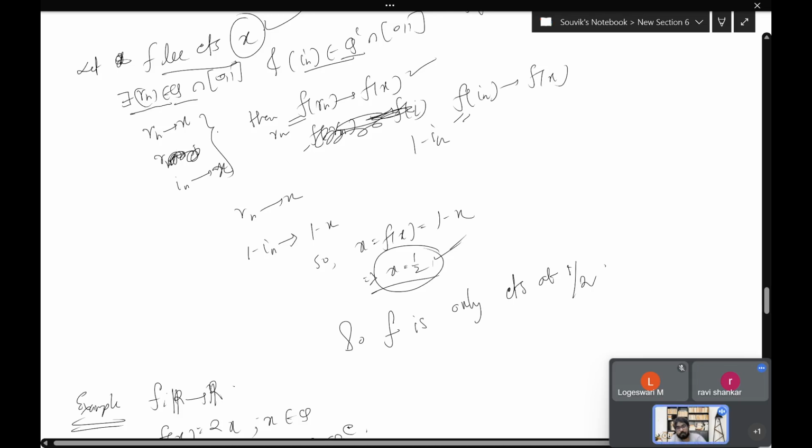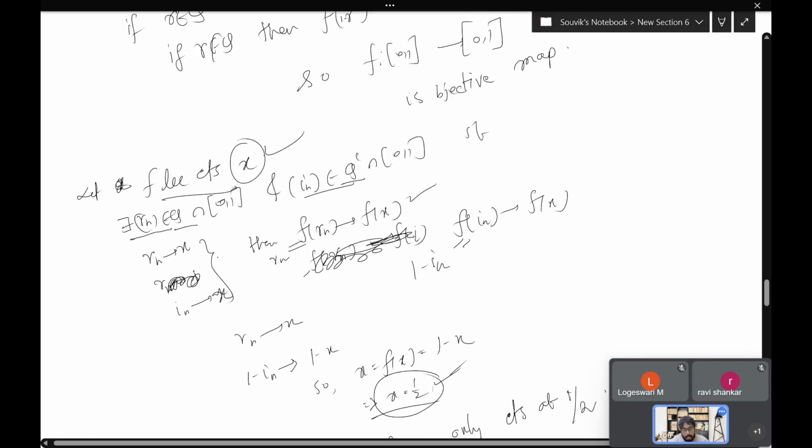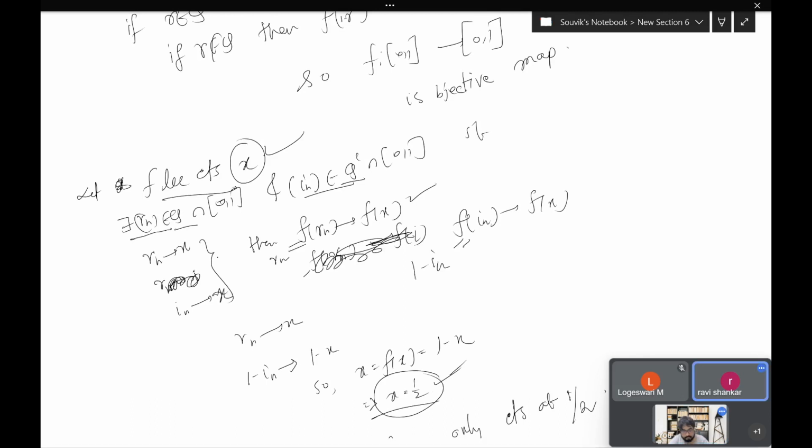Okay, which point did you not get? Sir, how did you get that half is the only point? Okay. First we start with an arbitrary x, and we assume that f is continuous at this x. Then we use the sequential criterion. So r_n converges to x and i_n converges to x, so f(r_n) converges to f(x) and f(i_n) converges to f(x).